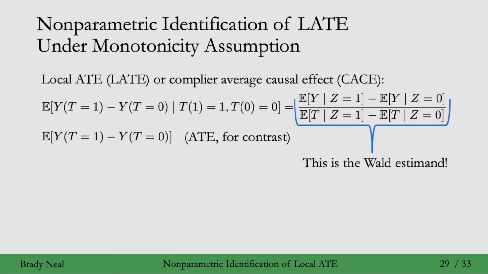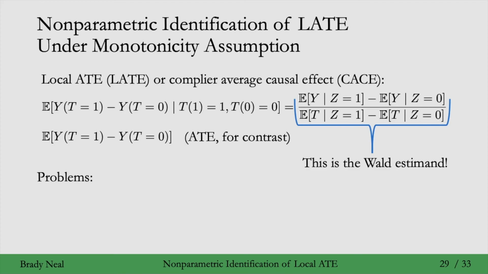Whereas now, when we don't make that assumption, but we do still make another assumption, the monotonicity assumption, we're able to identify the local average treatment effect, also known as the complier average causal effect. So we're able to identify a different estimand. But what's really cool is this was nonparametric identification, and we still end up with this simple Wald estimand.